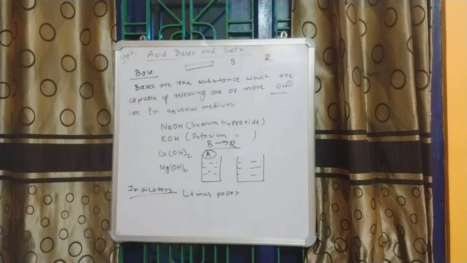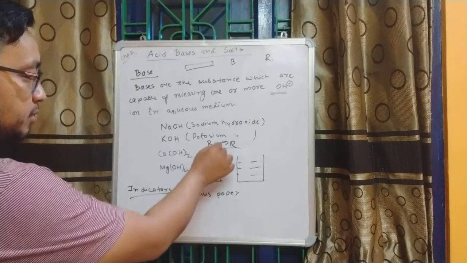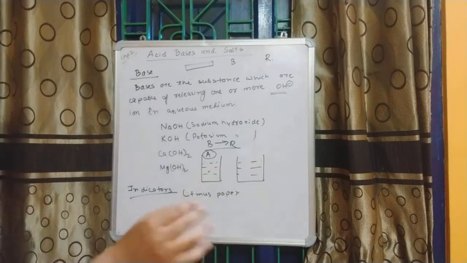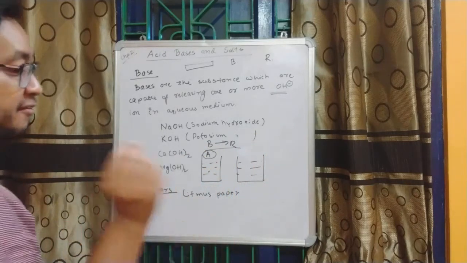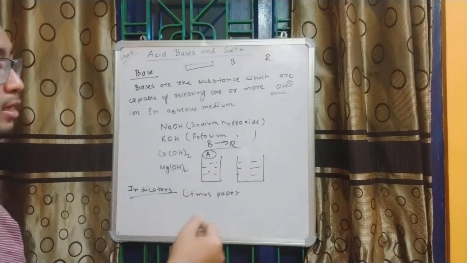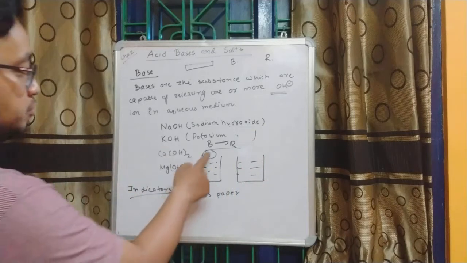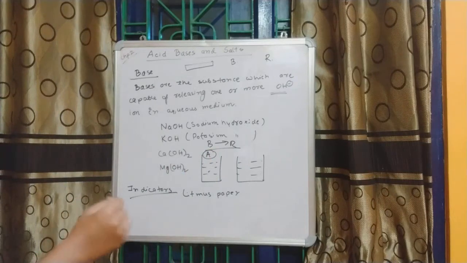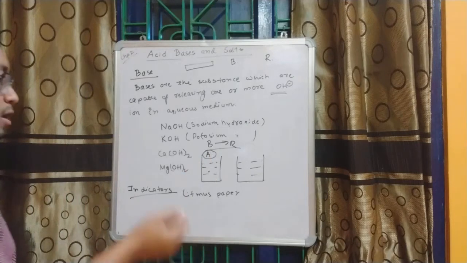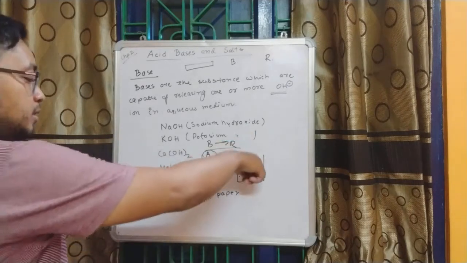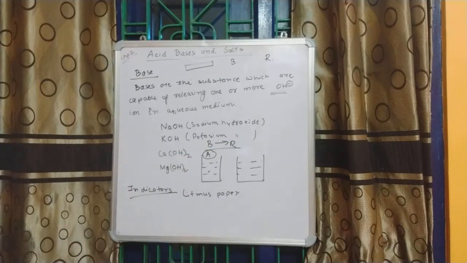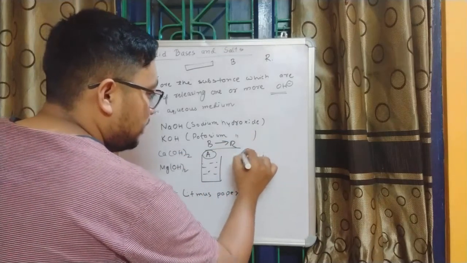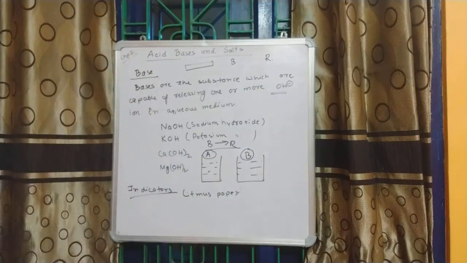Now if you throw that paper away and take one fresh blue litmus paper, and dip it in this solution, there will be no color change, because this is a base, and a base cannot change blue litmus paper into red.